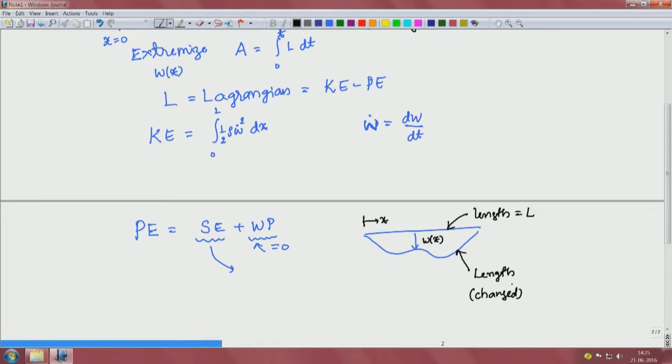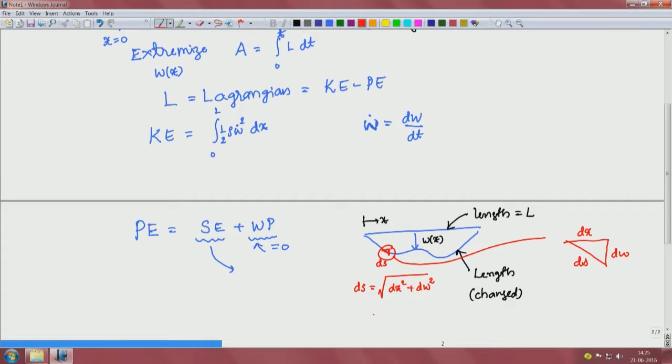To get this changed length, let us take a little element somewhere, as usual, that is ds. That ds, by Pythagoras theorem, is the square root of dx square plus dw square. That is this portion, this is dx, this is dw. It is too small to see, so let us blow it up. This is dx, that is dw, that is ds.